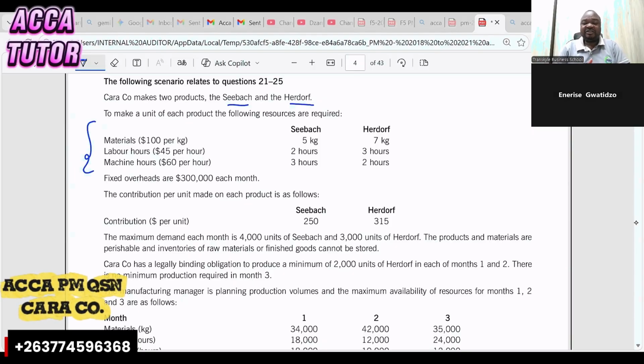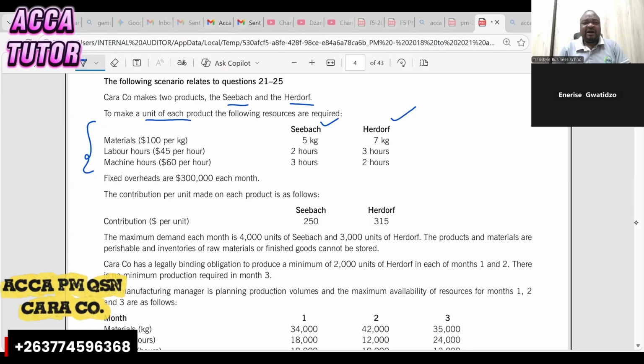Okay, materials, $100 per kg. Remember, we are making 2 products, the seabirch and the head of. The seabirch requires material 5 kgs per unit. Remember, we are told that to make a unit of each product. So per unit, we need 5 kg of seabirch and 7 kgs of materials for head off.